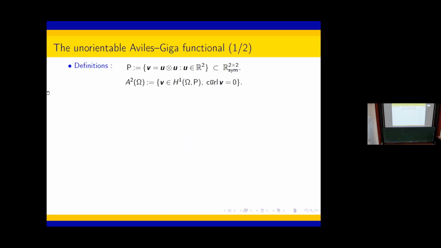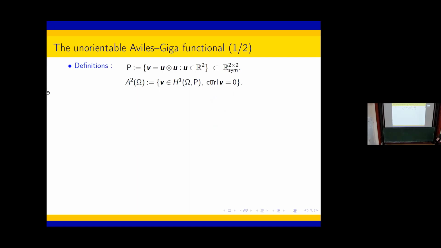So a way to identify u and -u is to consider the tensor product. I call this P. It's a topological space of tensor products with u in R2, and it's a plane. You just consider the plane and you quotient by the sign.